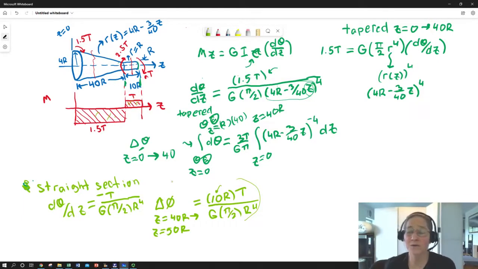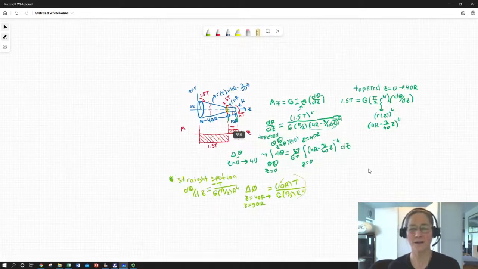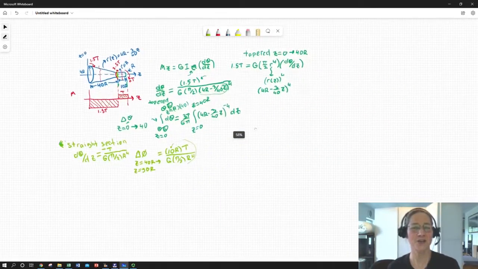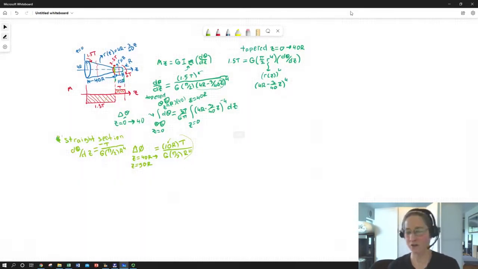Our internal moment flips its direction as we go through this exchange point because of that 2.5t applied moment that we see right there. Okay, so that's how we find effectively what we could call torsional deflection. We get to do a real integral because we have that tapered profile, which is giving us a changing moment of inertia as we go down the shaft.